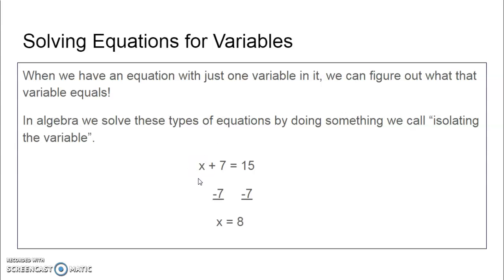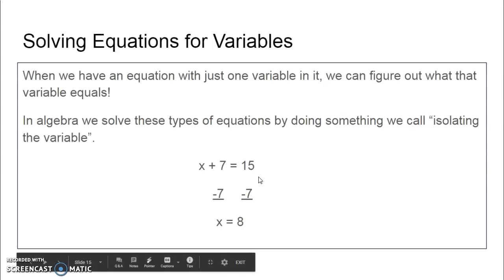Well, how do we do that? Since we have x plus 7, what we could do is subtract 7 from this side. But whatever you do to one side of the equation, you must do to the other in order to keep both sides equal. So if I'm going to subtract 7 from this side, I need to do the same here. This leaves me on this side with x and this side with 8. So by subtracting 7 from both sides, x equals 8.